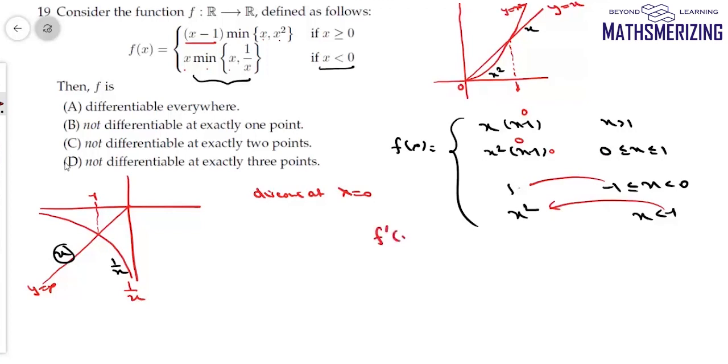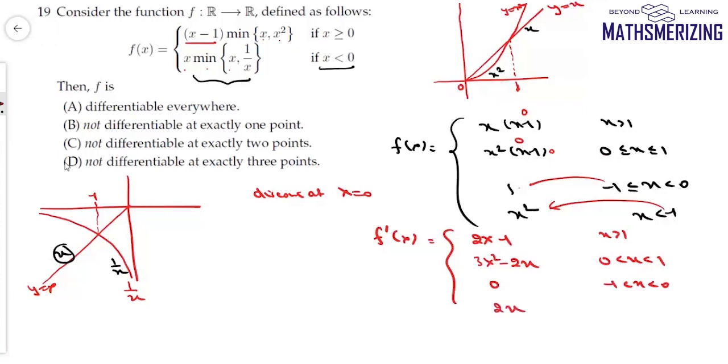If I find f dash x, I'll write this as 2x minus 1 when x is greater than 1, 3x square minus 2x when x lies between 0 and 1, this is 0 when x lies between minus 1 and 0, and this is 2x when x is less than minus 1.